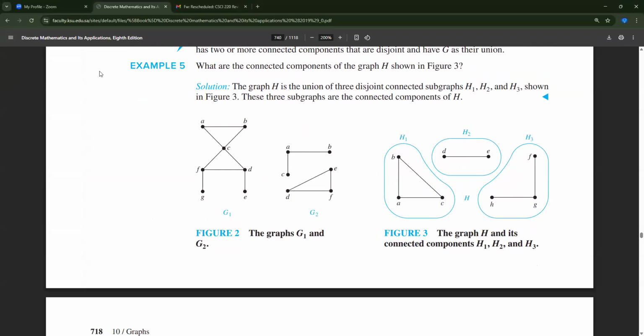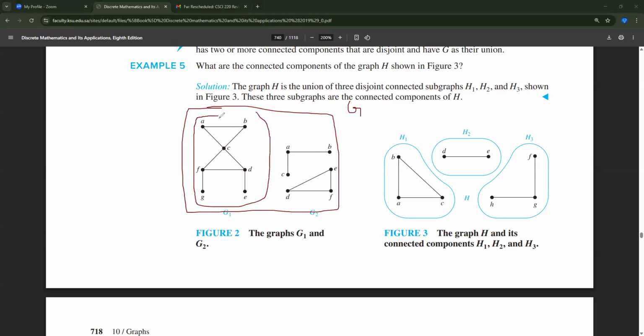In this example, the entire graph is G, and it has three separate components, G1, G2, and G3. Same here, we have a graph H. A connected component is any graph where you can get to any node within it. I can go from B to A, and even if I take out this edge, I can still go from B to A.